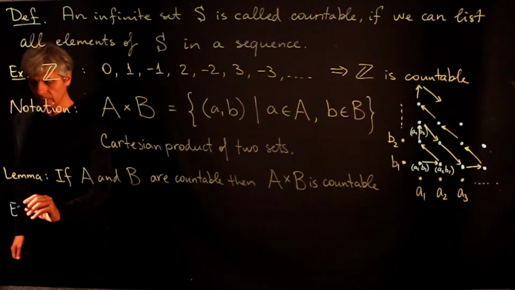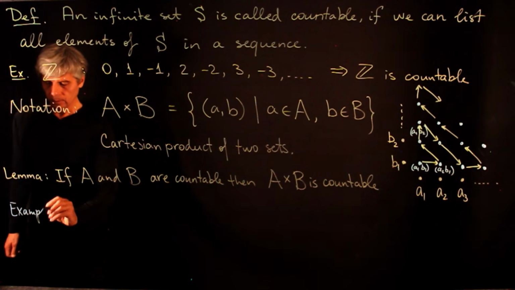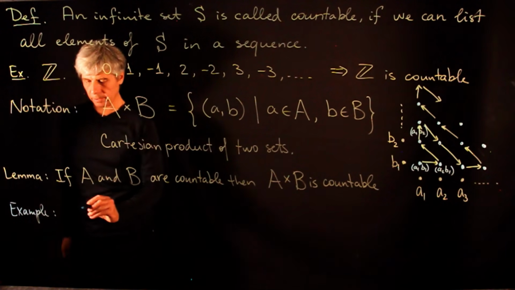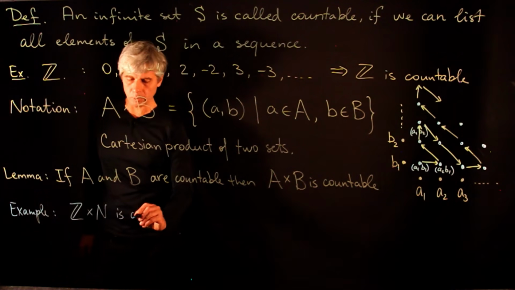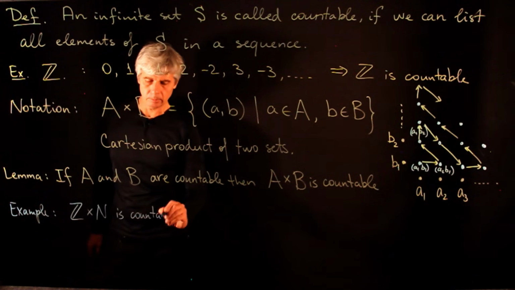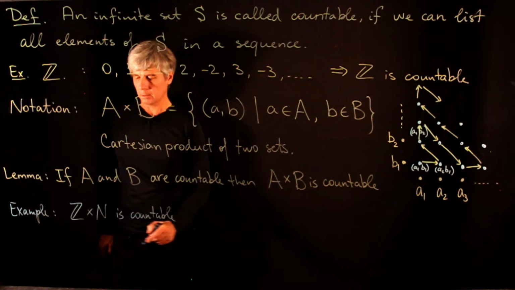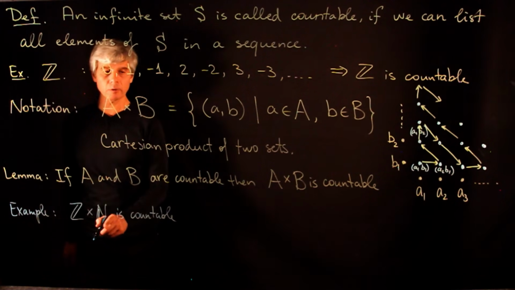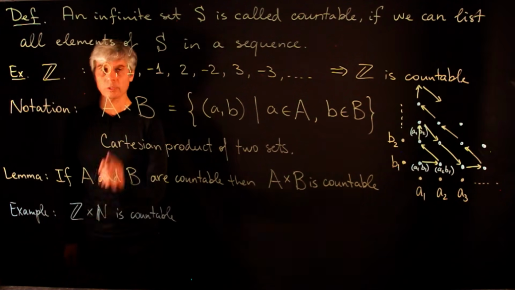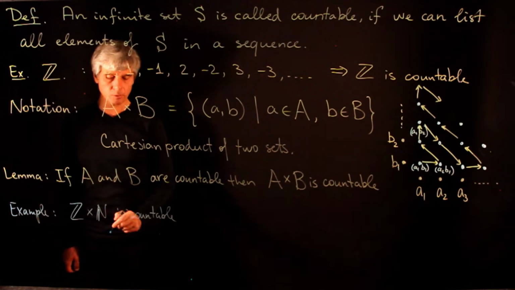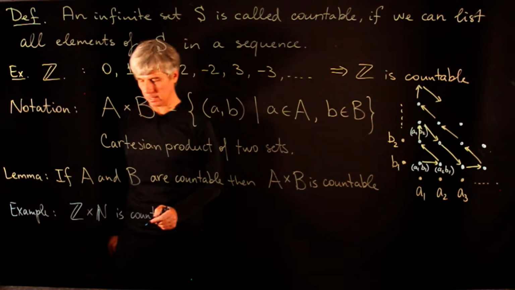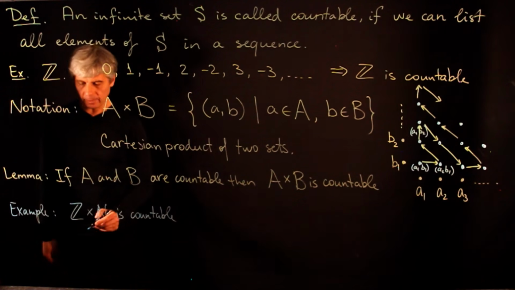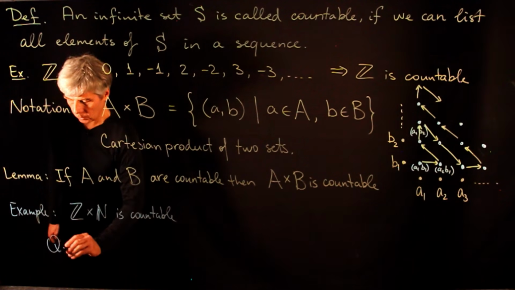And this means that the Cartesian product of two countable sets is countable. As an example, what we get is the set Z cross N is countable. Because Z is a countable set, the set of integers, as we have seen here, and the set of natural numbers is clearly countable because it's 1, 2, 3, 4, 5, and so on. And now let us look at Q. What is Q?